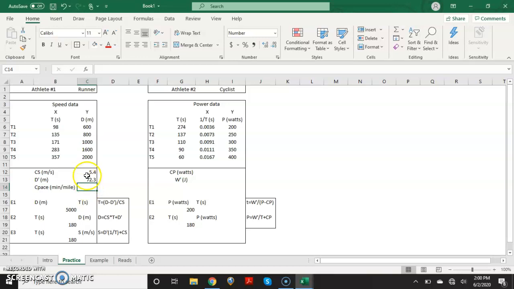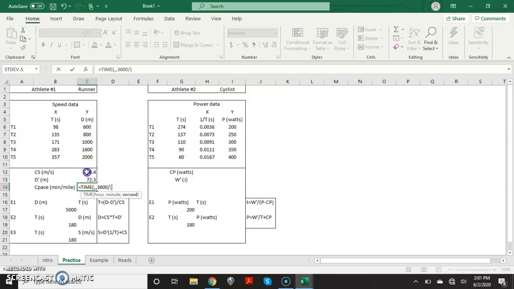Something else you can do is, if you're looking at this speed and you're like, okay, I don't know what that means, because my activity monitor tells me my pace in minutes per kilometer or minutes per mile, you can also convert that too. So you can do that by going time, comma, comma, 3, 6 here.